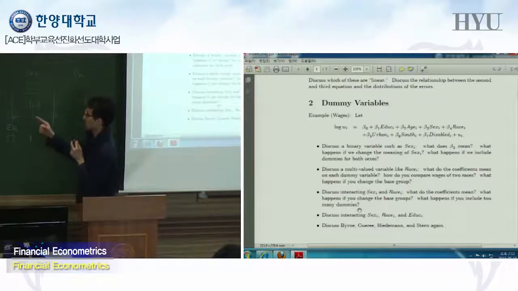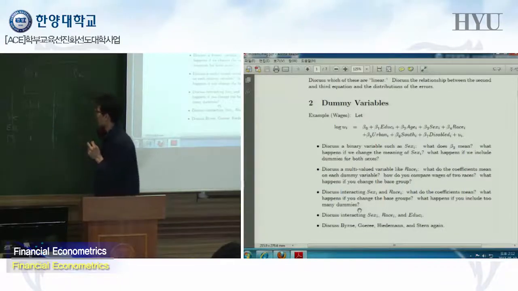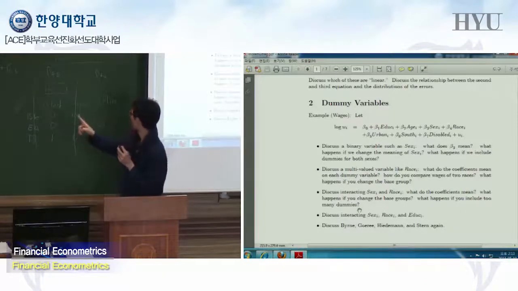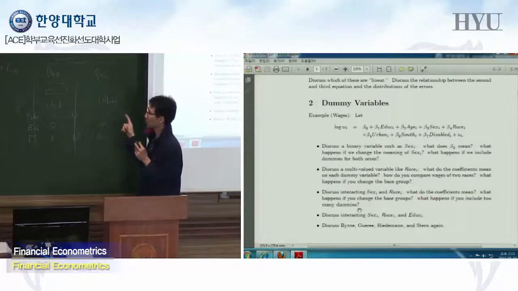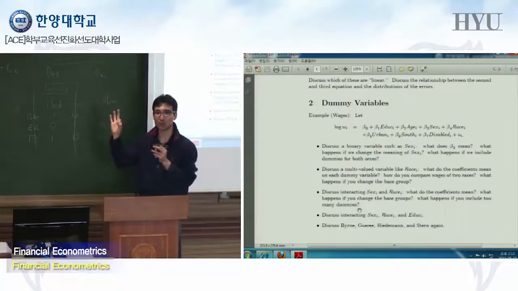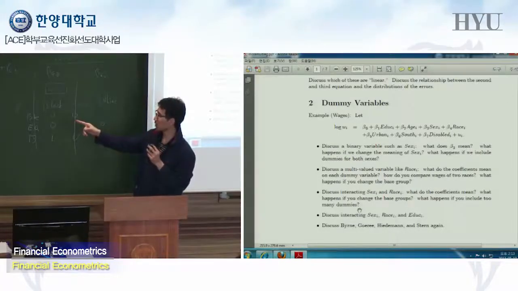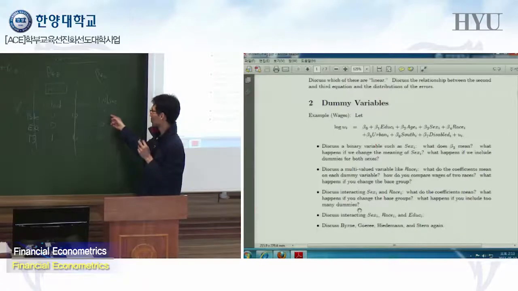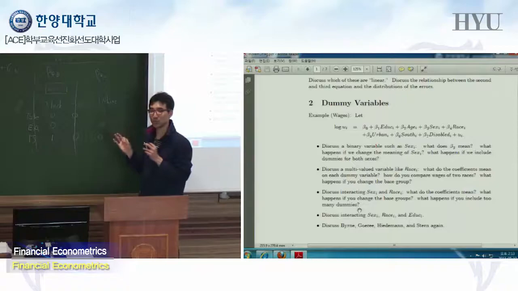So multiplication of that one and that one, in that case, 최보경 학생 will have value of 0. For the interaction term between gender and white, 최보경 학생 will still have value of 0, right? 최보경 학생 is not male, so the male dummy is basically 0. And although 최보경 학생 is white, the multiplication 0 times 1 should be 0.